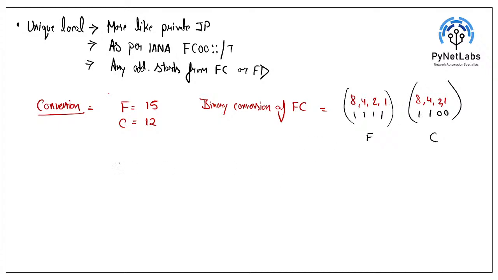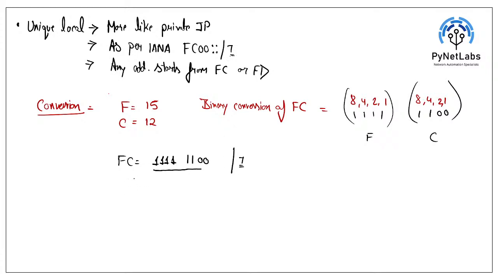So the entire conversion of FC is 1111 1100. If you see bits 4, 5, 6 and 7, till this 0, this is the constant portion which represents the /7 here.